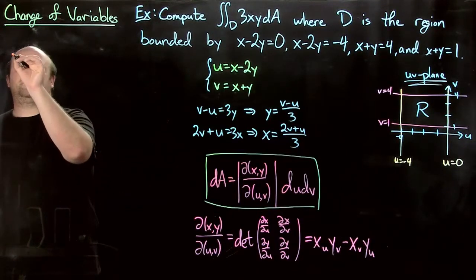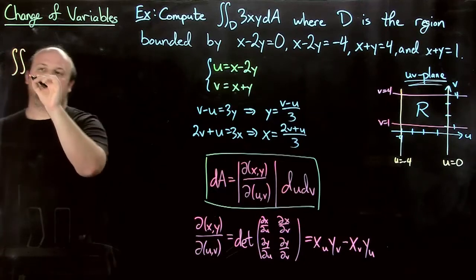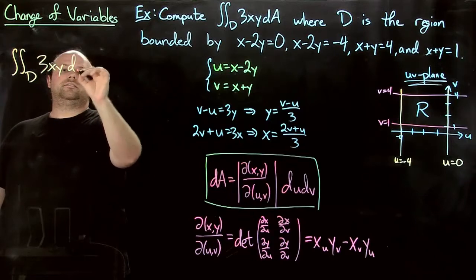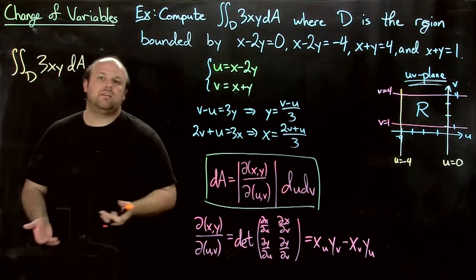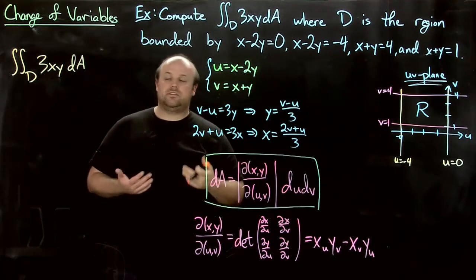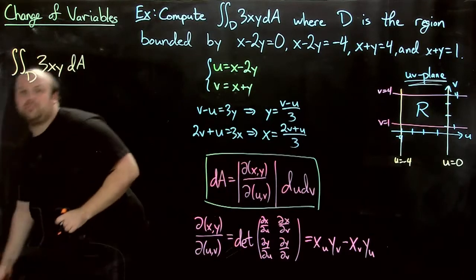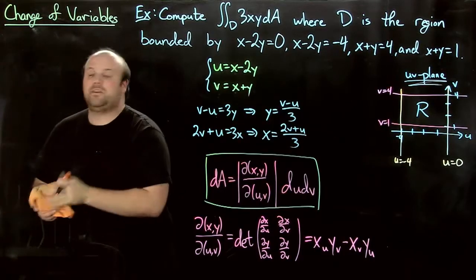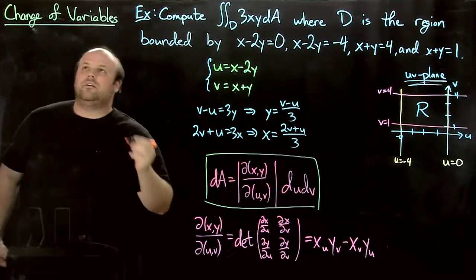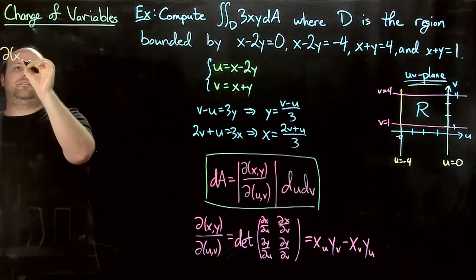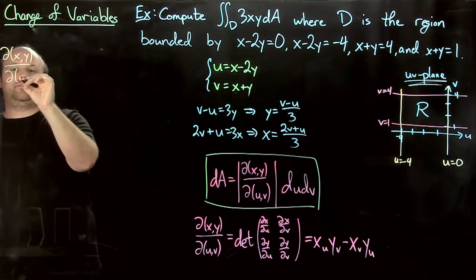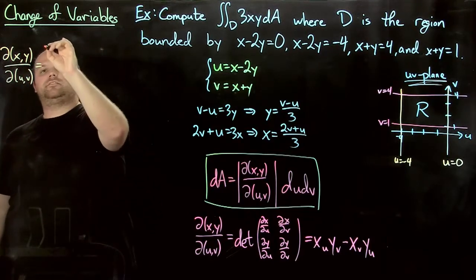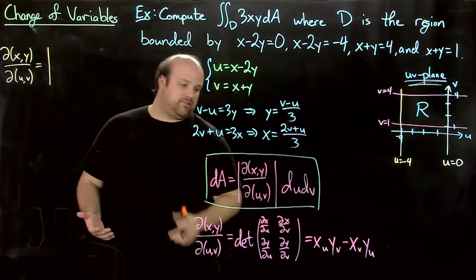Okay? So we're trying to do the double integral over D of 3xy dA. So the first thing we should do is compute this Jacobian. So I'm actually going to just erase the thing I just wrote, and we'll compute the Jacobian first. So ∂(x,y) over ∂(u,v), well, it's the determinant of some 2 by 2 matrix.